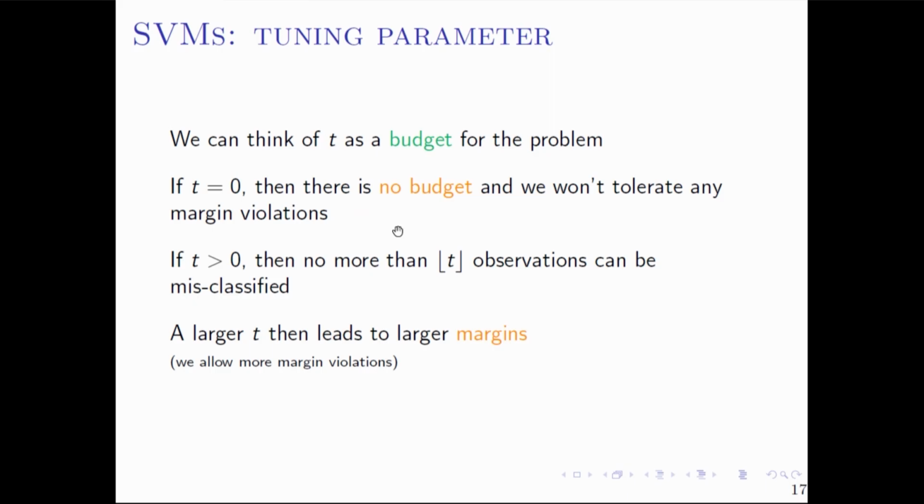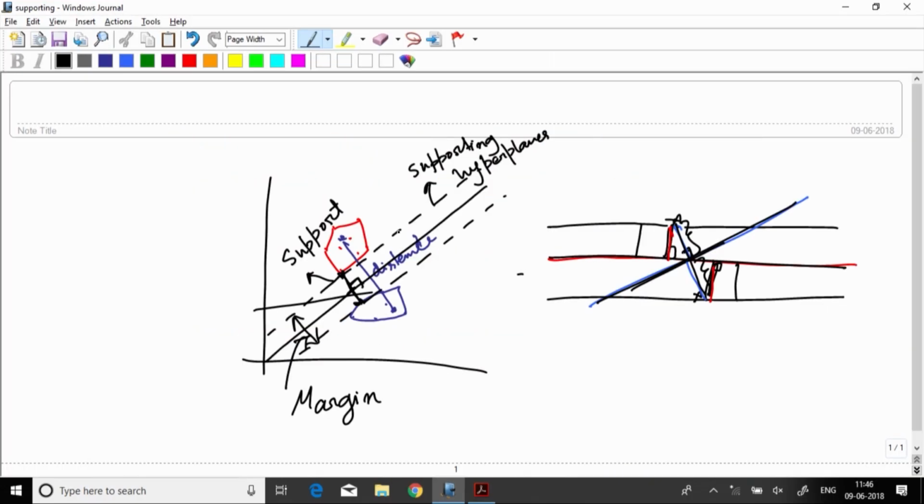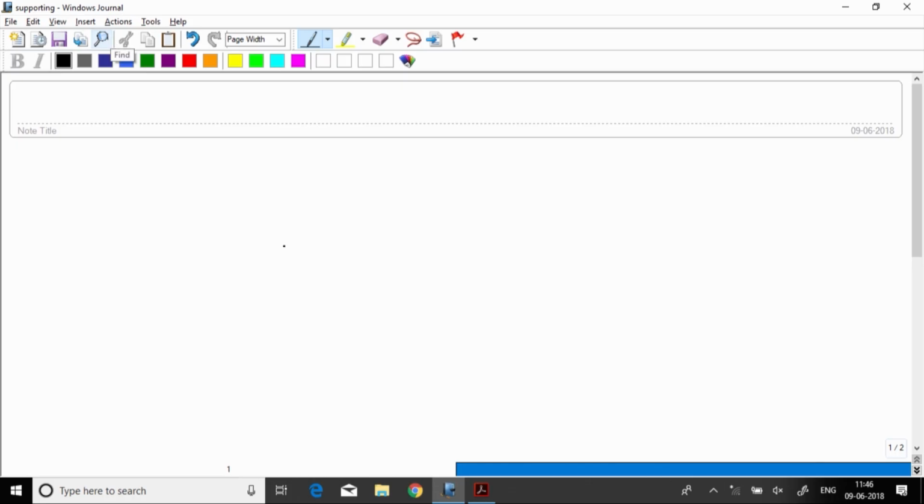So if we go back here, we have this data, and then we have this data, and we know that we will have this separating hyperplane, and the margin W is such that this is the margin.